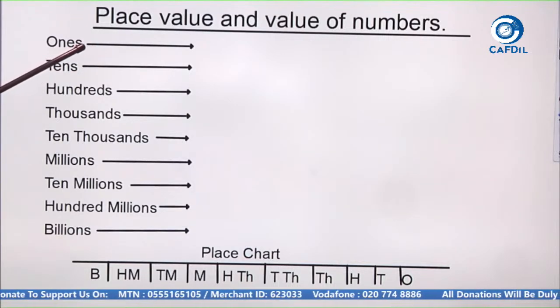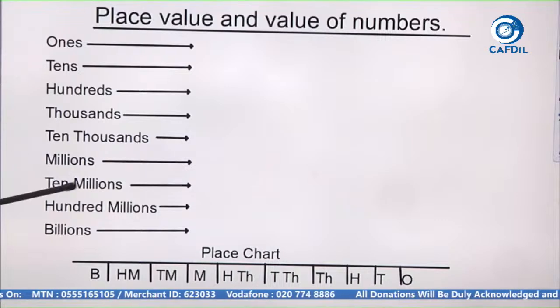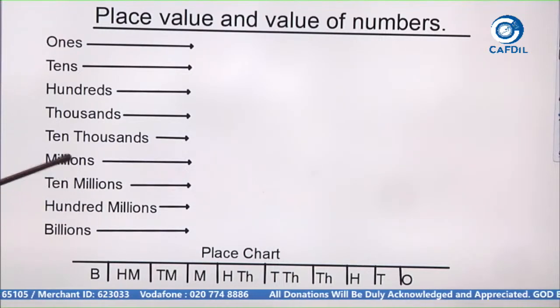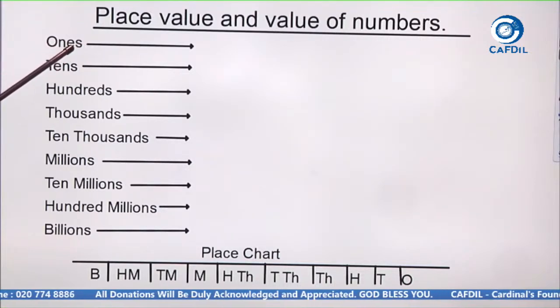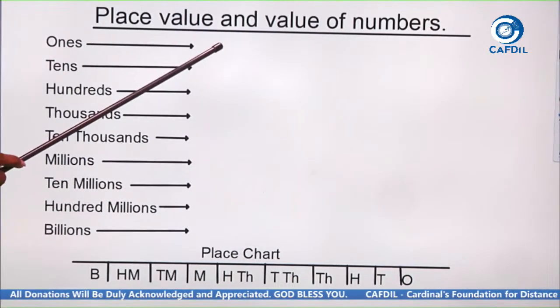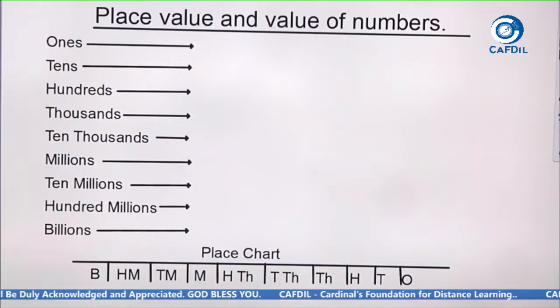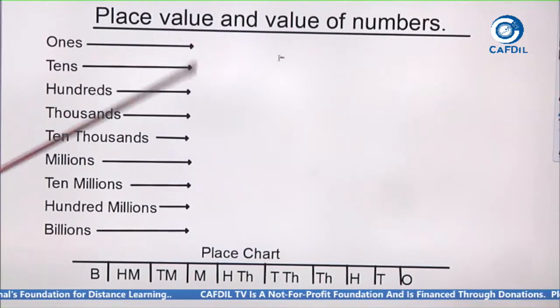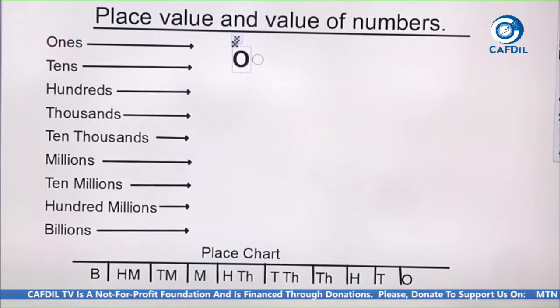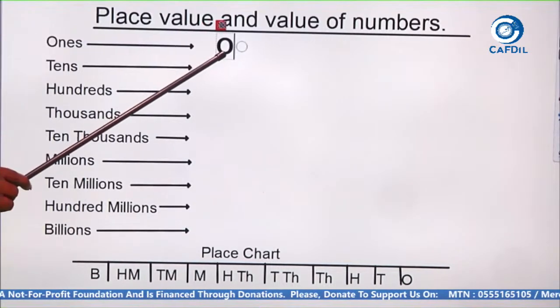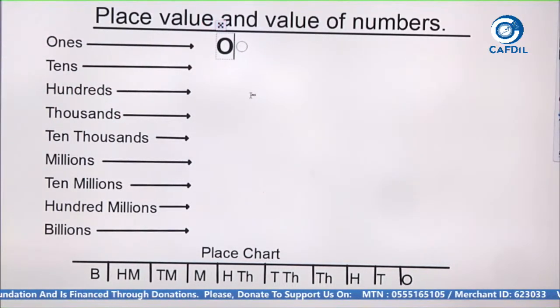With the ones on the place value chart, we will not write the word ones like this. We will represent it with the letter O. So the ones here, we will write the O. So this represents our ones on the place value chart.